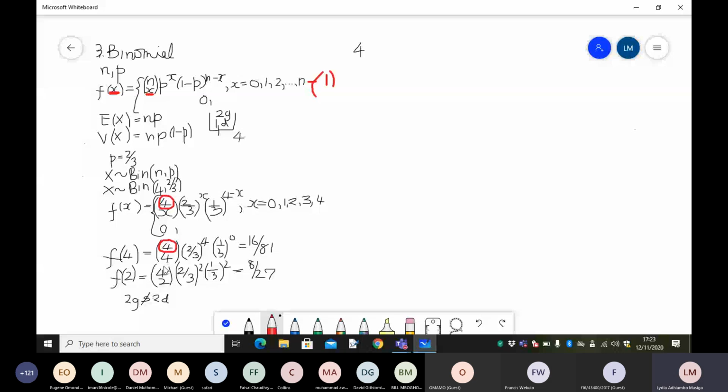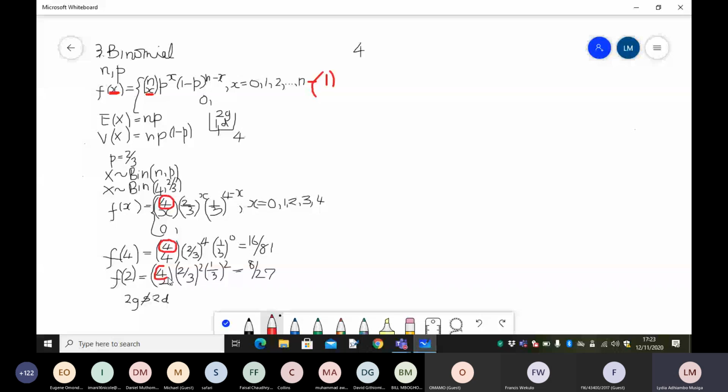We are picking a maximum number of 4. When I was explaining the binomial PMF, when I introduced it, I said that X represents the number of successes.